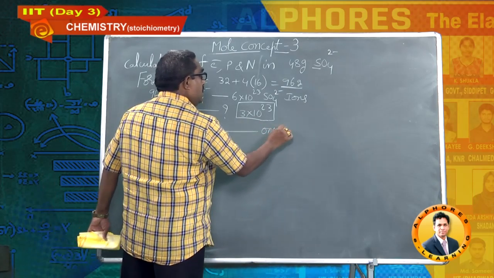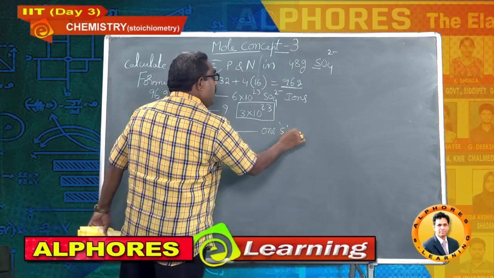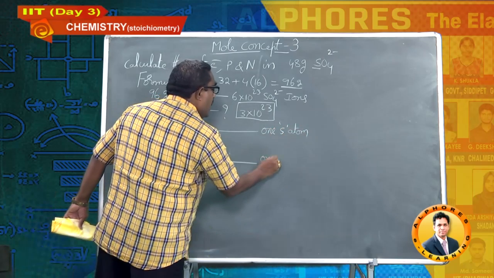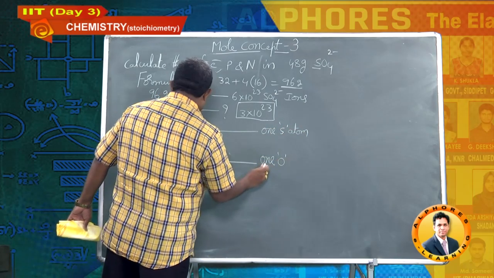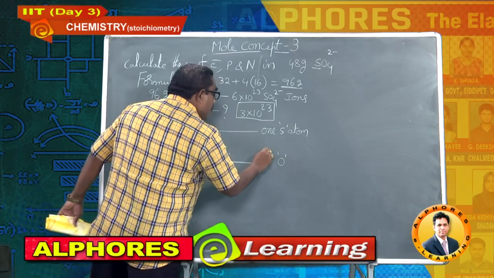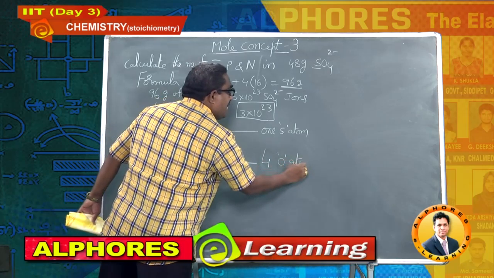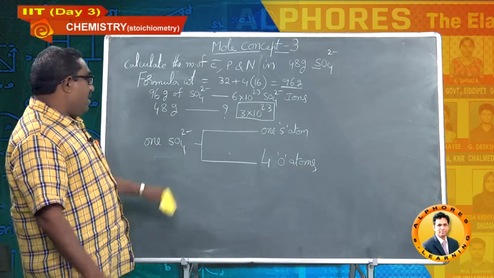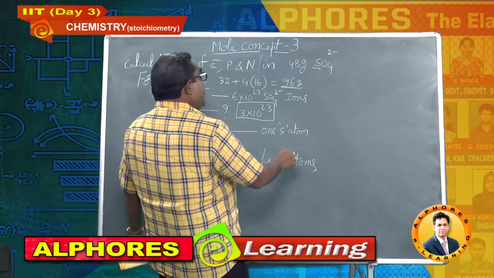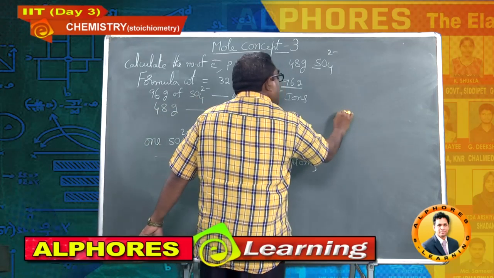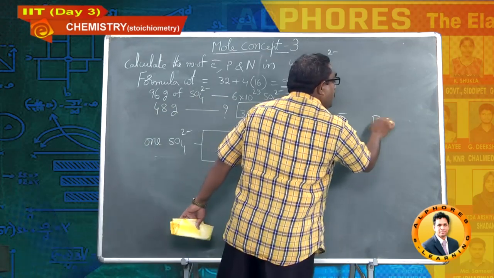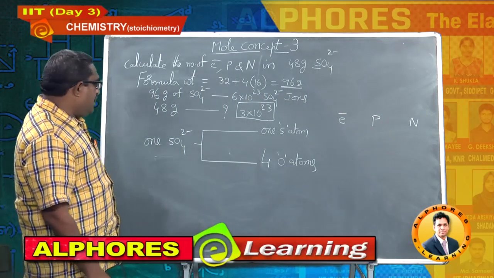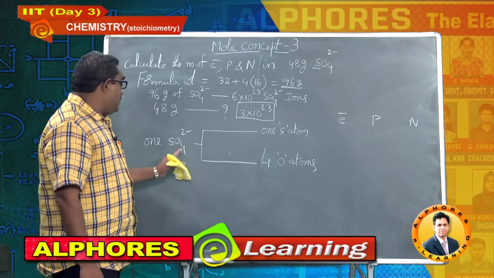One sulfur atom, and 4 oxygen atoms in one species, one ion of sulfate, right. Now I am going to estimate electrons, protons, neutrons. Students, please concentrate here, and write down along with me.